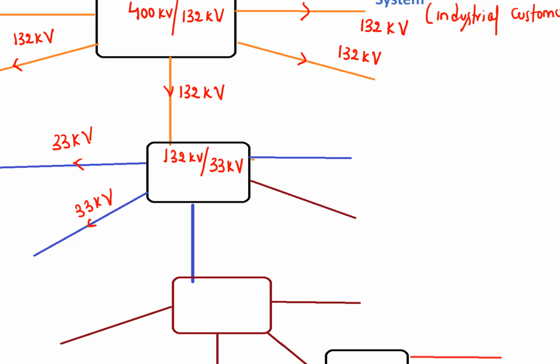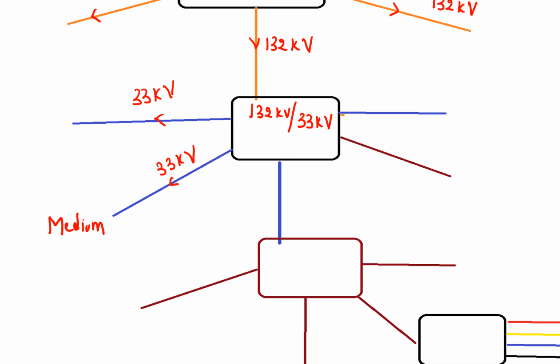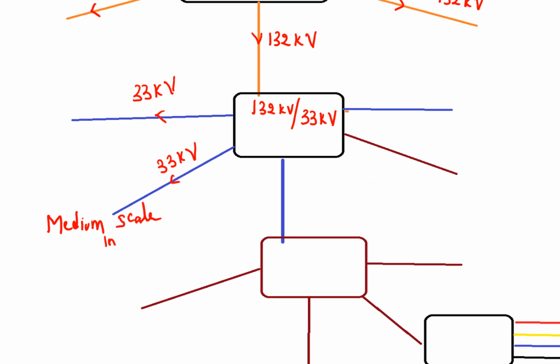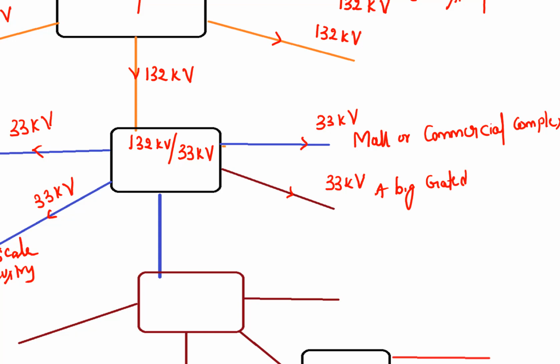Suppose there is a medium scale industry which is taking supply directly at 33 kV, or there may be a big commercial complex or a mall which is tapping power directly at 33 kV, or a very big housing community, a big gated community, which has its own internal substation.